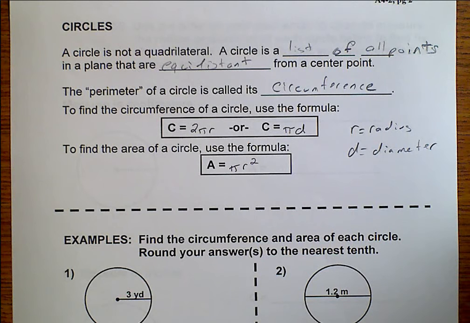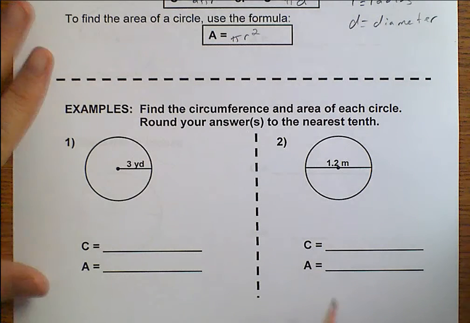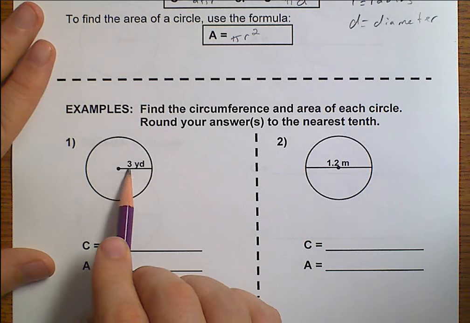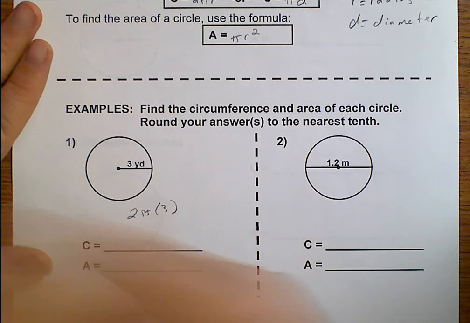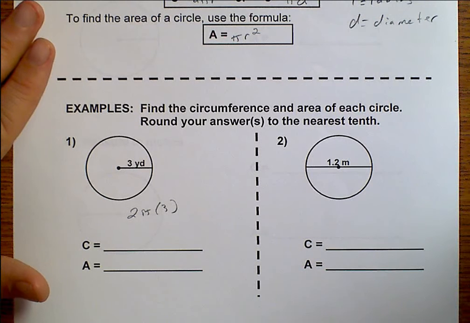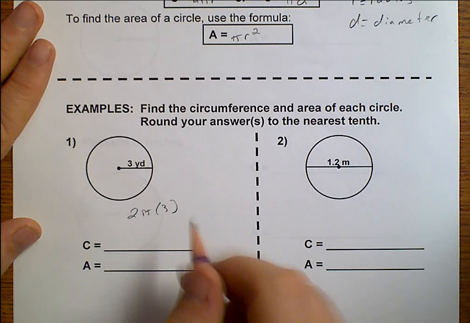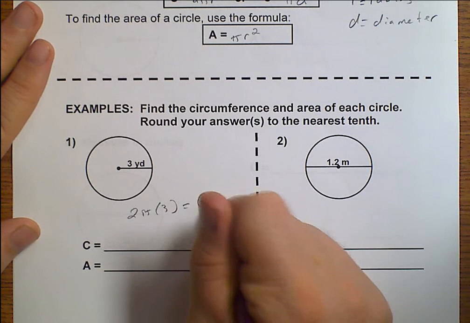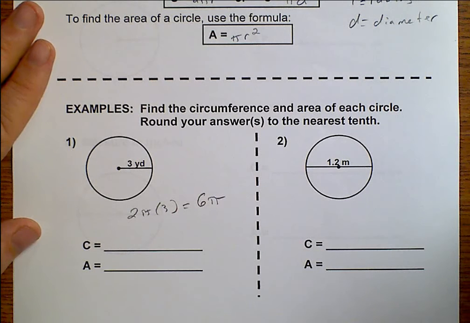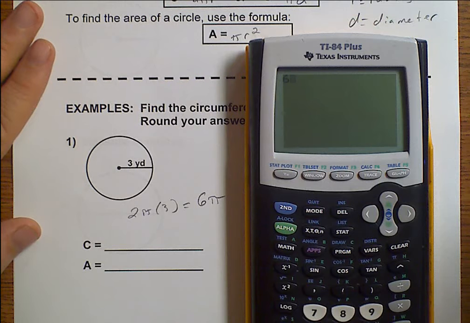Let's go ahead and put it to the test. For the circumference and area, we are given the radius. So this would be 2 pi times 3. I'm just going to do 2 times 3 makes it 6 pi. And your calculator actually has pi. So I'm going to type in the 6, and then pi is this blue symbol right here.